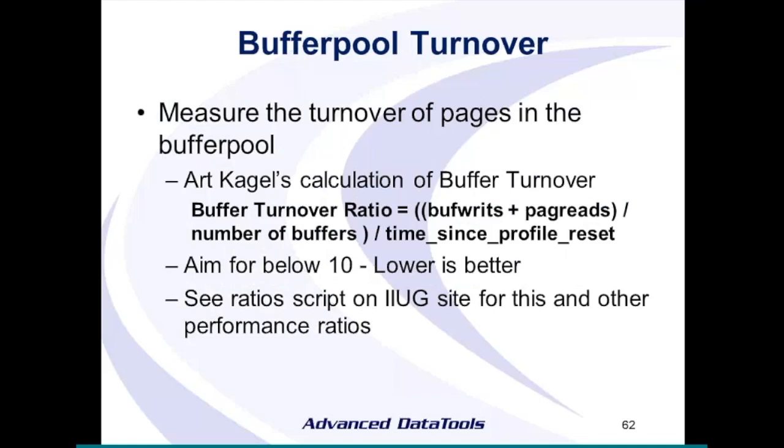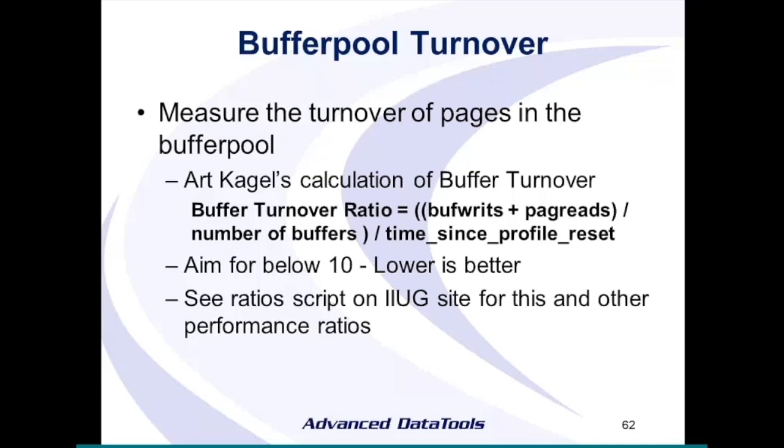And it'll indicate thrashing of that cache. Tables will be pulled in, just be pushed out by something else, and that'll result in higher I/O. The guideline is to have that buffer turnover ratio below 10, but the lower the better. If your whole database is in the cache, then you'd expect a value below 1 for the buffer turnover.